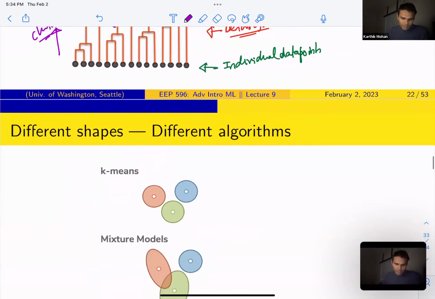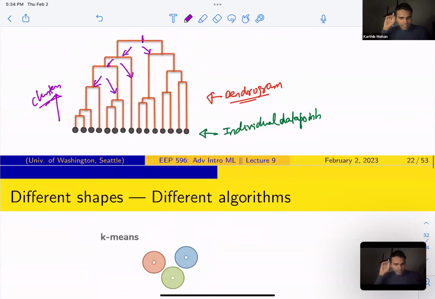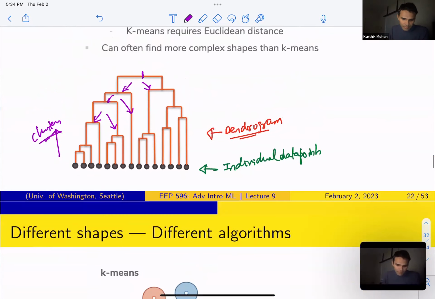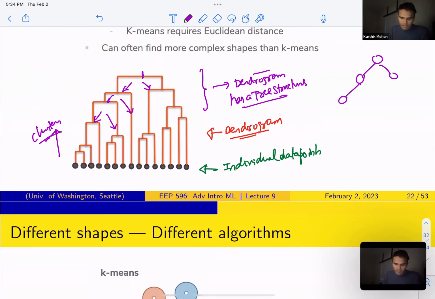And there's also hierarchy. So you can say this is also like a tree structure, right? So this dendrogram has a tree structure. You'll be able to relate this to decision trees, right? Like this, right? It's the same idea.